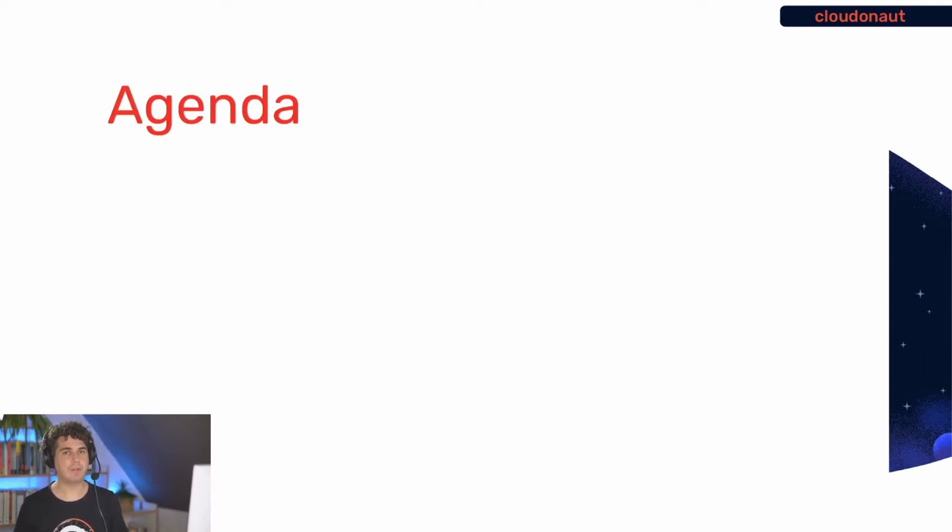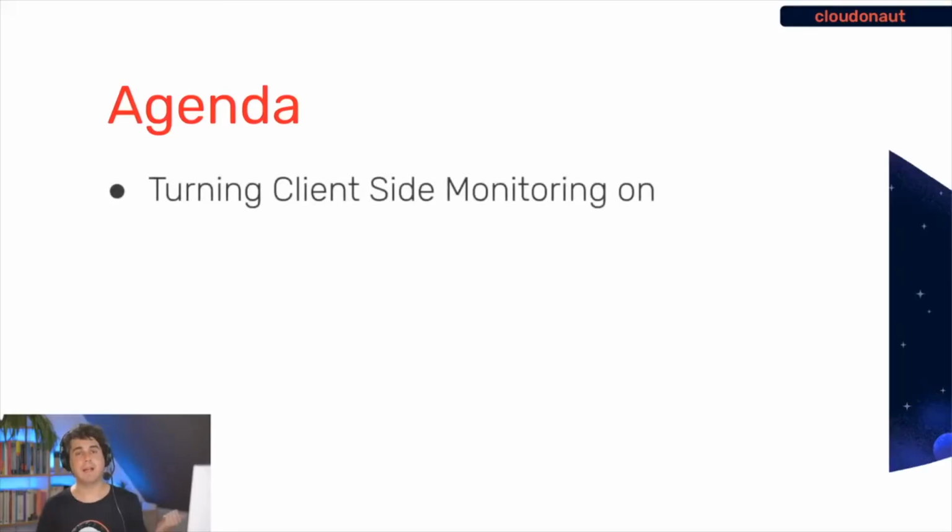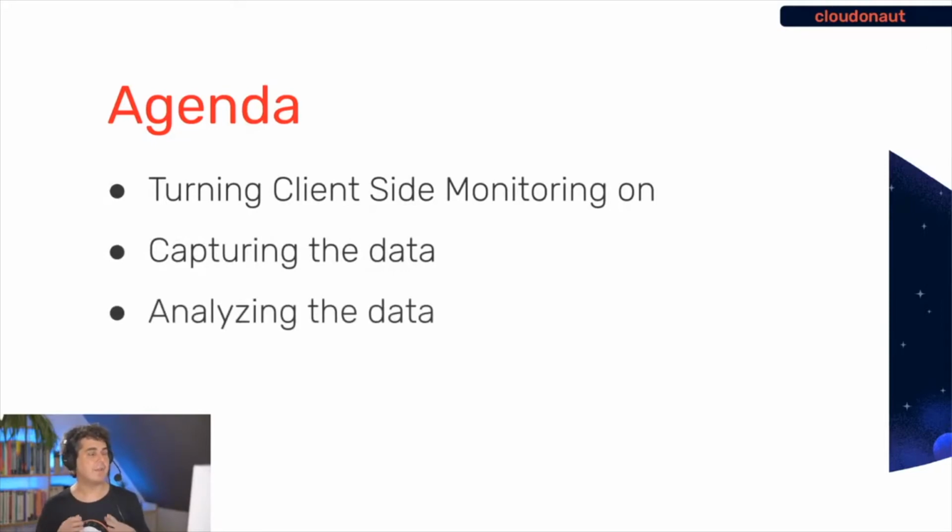So what we're going to talk through in the next 30 minutes is this. First we will turn on client-side monitoring, and after that we will see how we can capture this data and send it to S3. And then we will look into how we can analyze the data, because that's actually where we get the value.